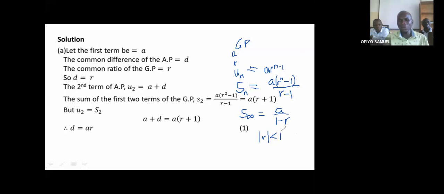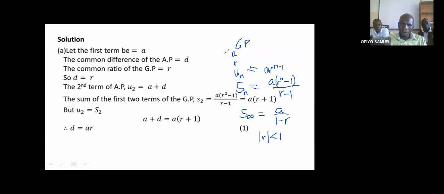If r is greater than 1, then you cannot determine this sum to infinity. So for GP, we have first term, that is number 1, common ratio, number 2, the nth term, sum of the first n terms, and then sum to infinity.